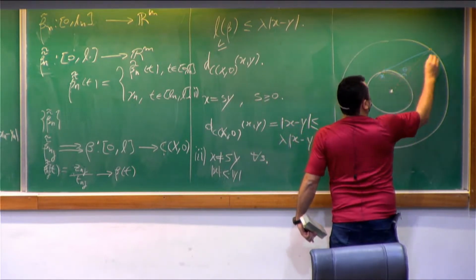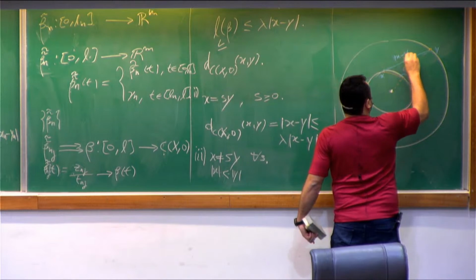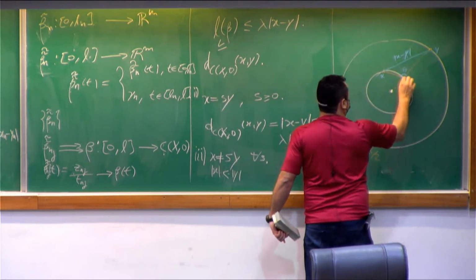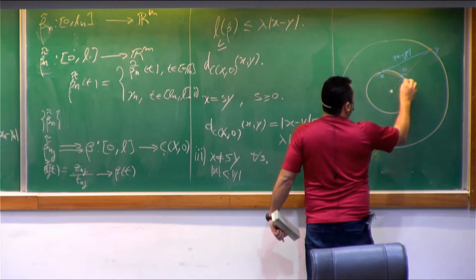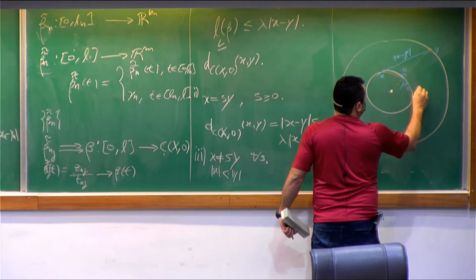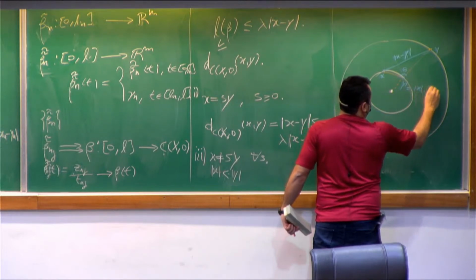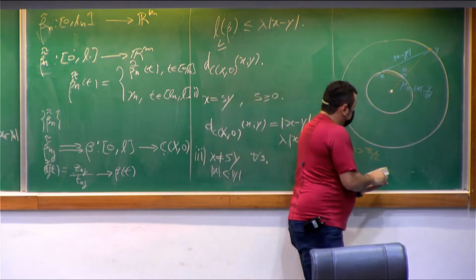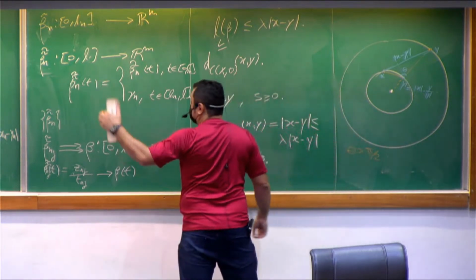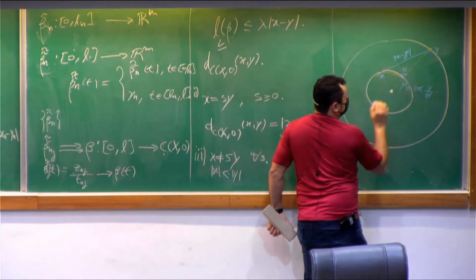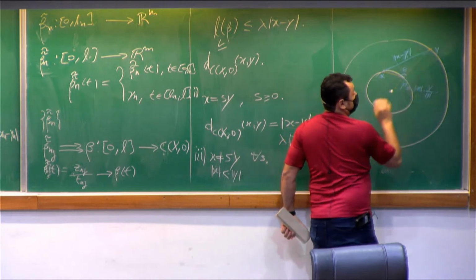This is x, this is y, this is the distance x minus y. So you can, for example, write this to be y prime, which is x times norm of y over norm of y. And I know, for example, by the first construction, we can compare these two guys.